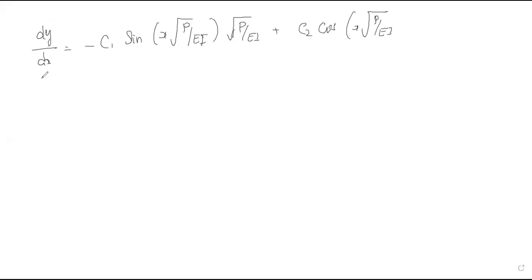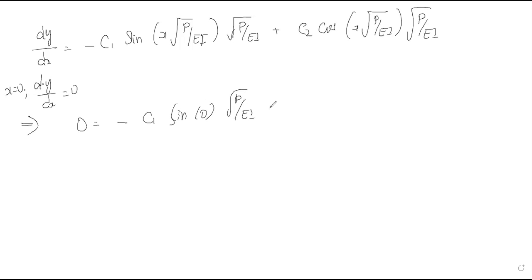Okay, now I am going to substitute x is equal to 0, then dy by dx is equal to 0. Okay, so the equation becomes 0 minus C1 into sin 0 root P by EI plus C2 into cos 0.